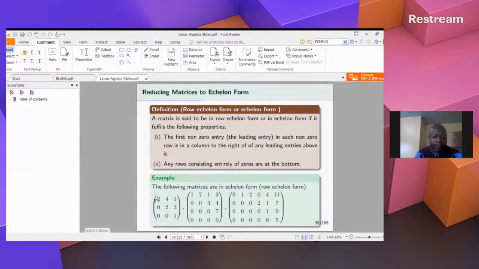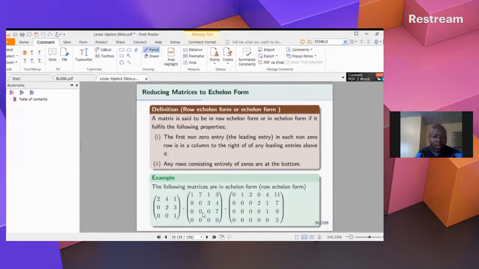In the first row, we have this leading entry. In the second row, we have this leading entry, which is 2 here. In the third row, we have this leading entry, which is 1. So what point 1 means is that this leading entry is to the left of this other leading entry, and this leading entry 2 is to the left of this other leading entry 1.